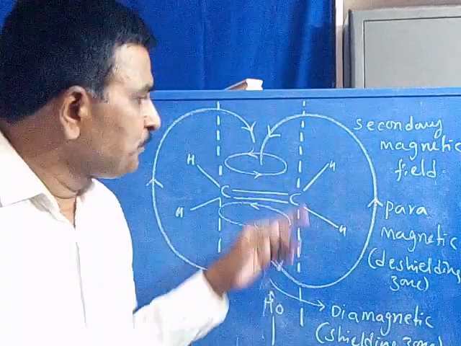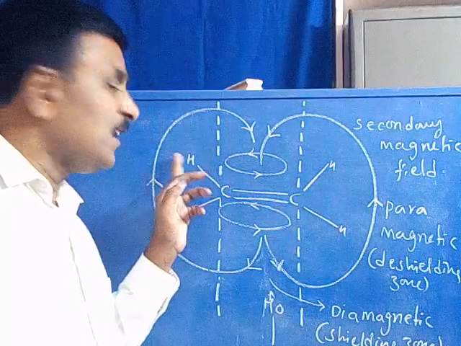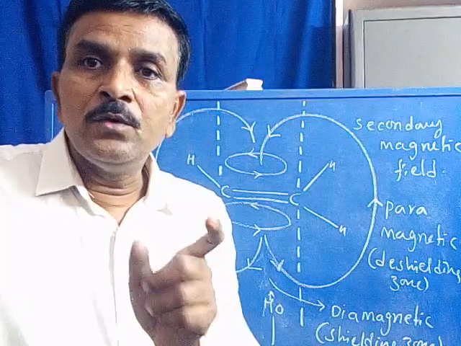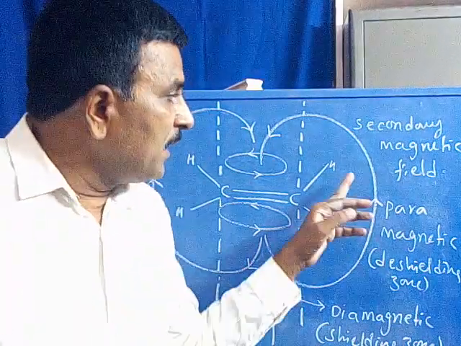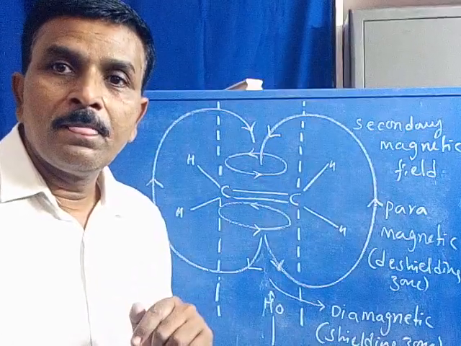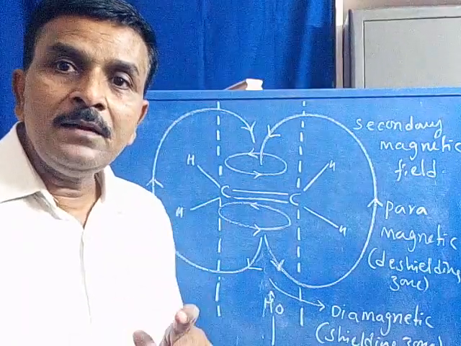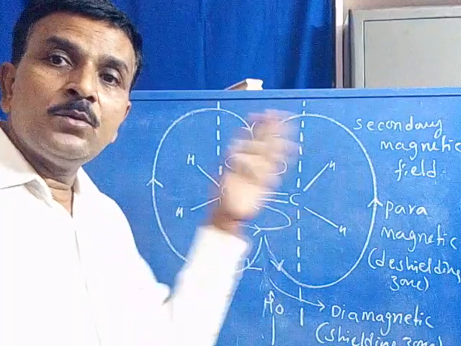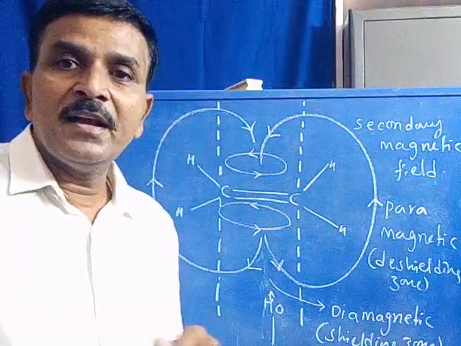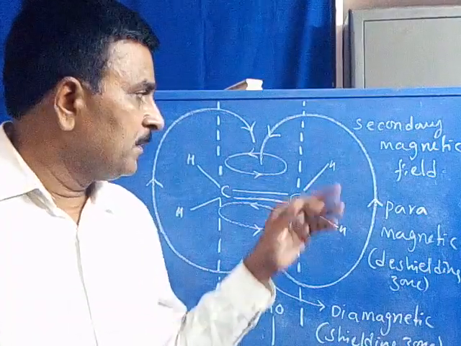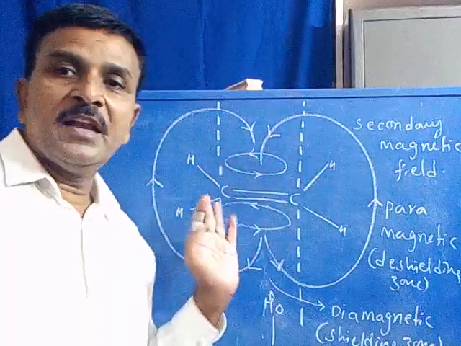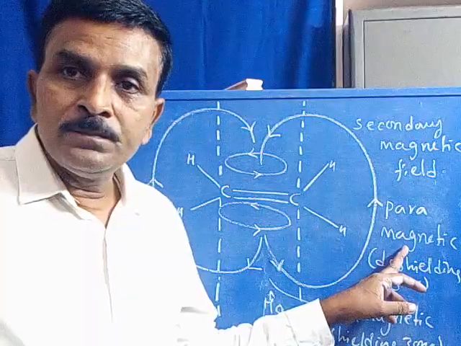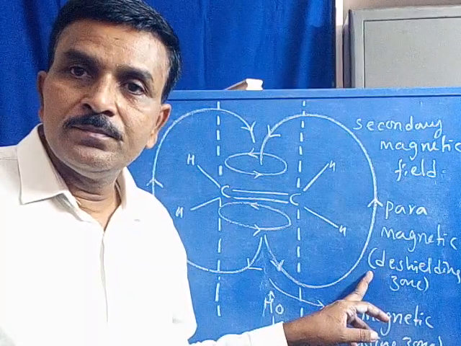Now you can observe all the protons of the ethylene group, 1, 2, 3, 4. All the protons of the ethylene group are situated under the paramagnetic zone. The diamagnetism lies exactly only at these two carbon centers. Outside the two carbons, the secondary magnetic field is paramagnetic, where the four protons of the alkene group are lying, under the paramagnetic or de-shielding zone.